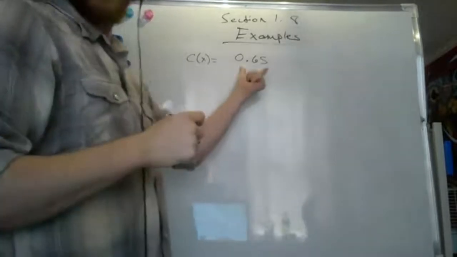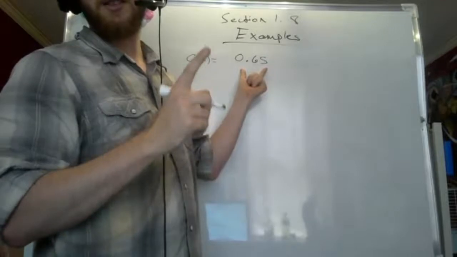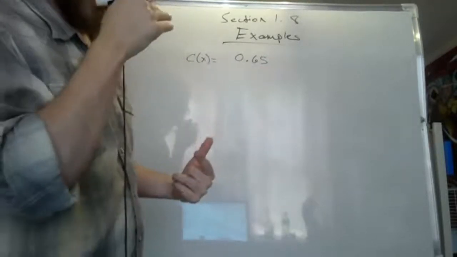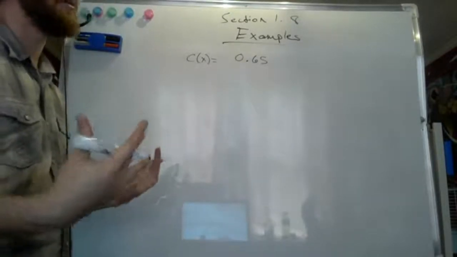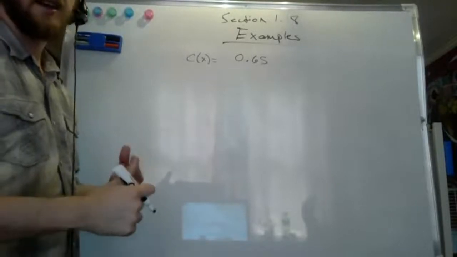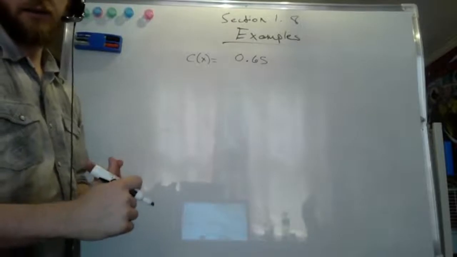They charge 65 cents for the first 3 minutes or less. So let me stop there for a moment. They're charging for what? They're charging for number of minutes. So the product that they're selling in this case is minutes, and x number of minutes.